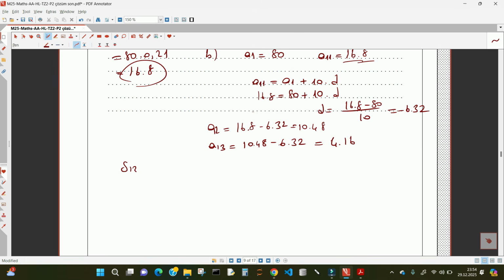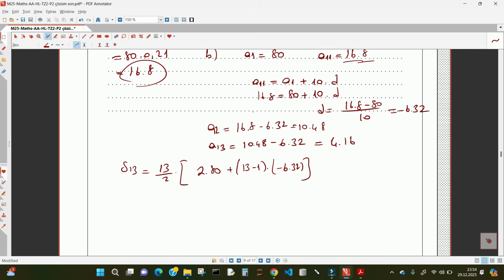So we now have the sum of these 13 terms. The formula is 13 over 2 times, in parentheses, 2 times a1 plus 13 minus 1 times the common difference, which is minus 6.32.